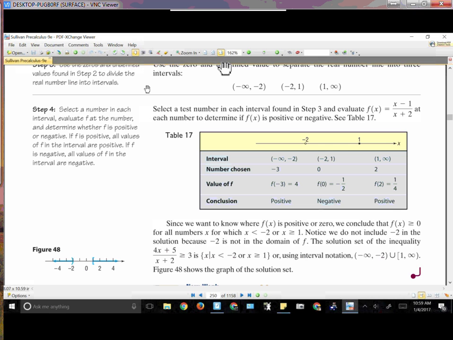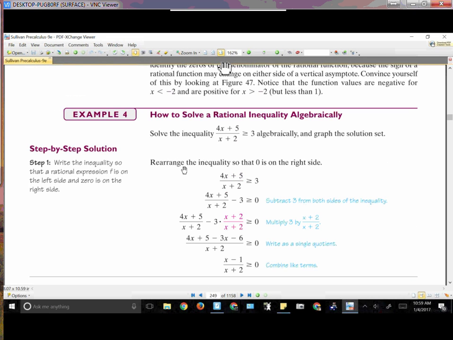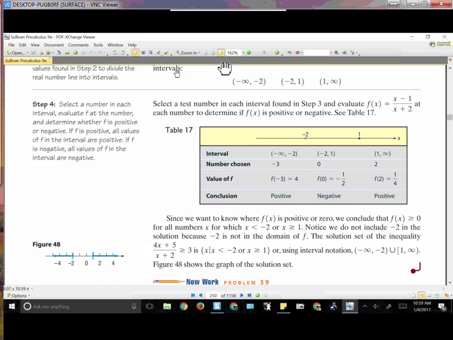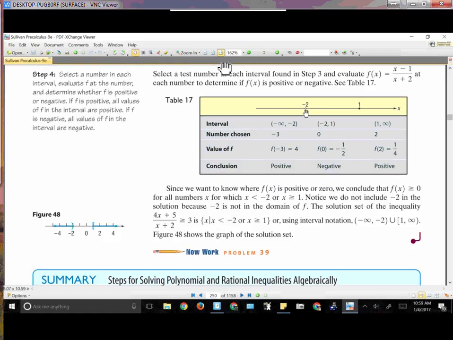Where is this thing greater than or equal to 3, or in this case, greater than or equal to 0? So where is it bigger than 0? If it's less than negative 2, positive. It's bigger than 0 when it's greater than 1. Nothing super specific, is it?